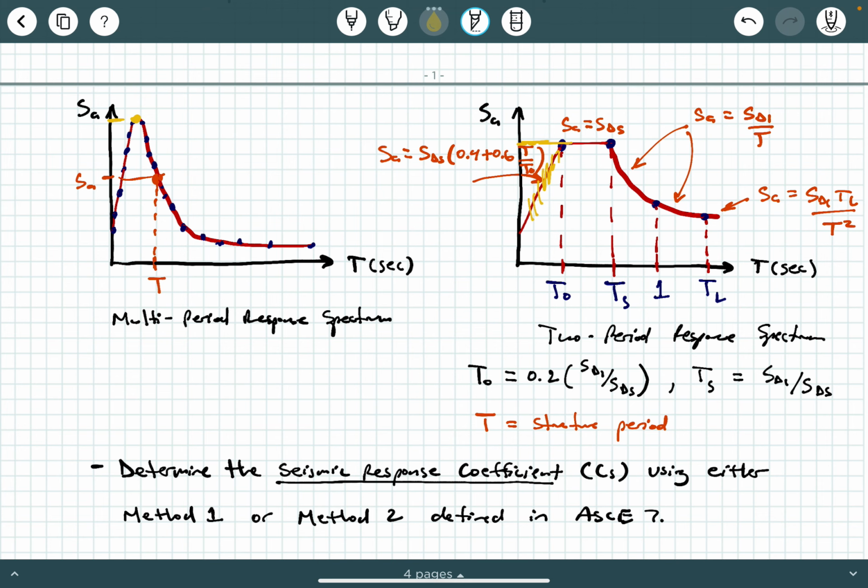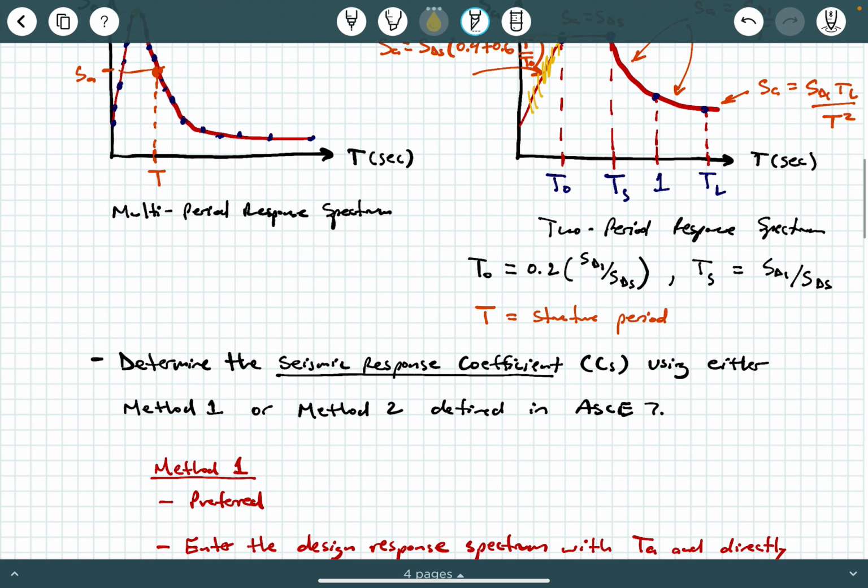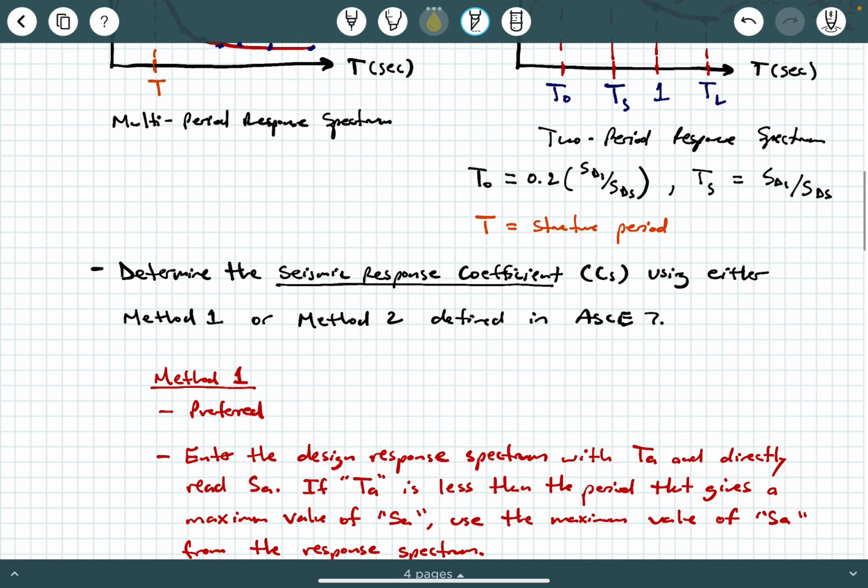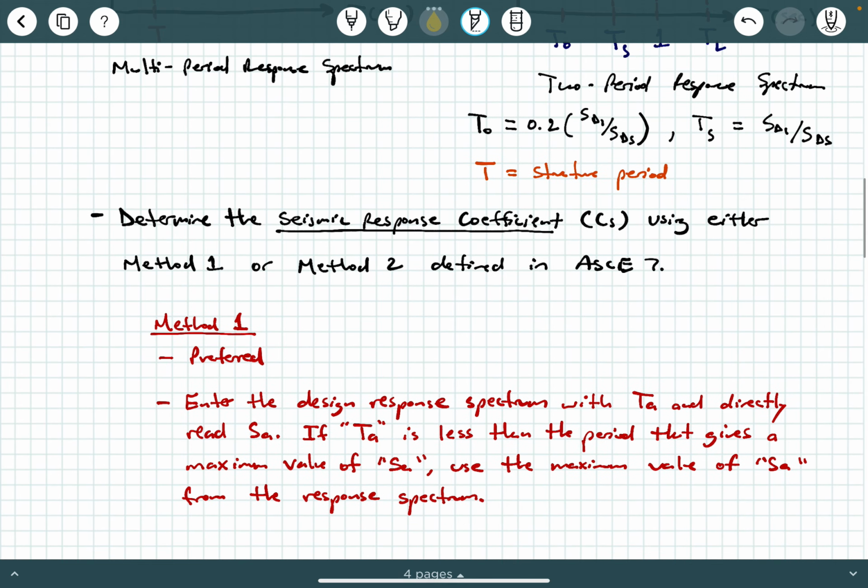ASCE 7-16 did not have two fully defined methods, at least not in the way that 7-22 has further developed them. Method 1 in ASCE 7-22 is the preferred method now, so we want to use method 1 when we can.